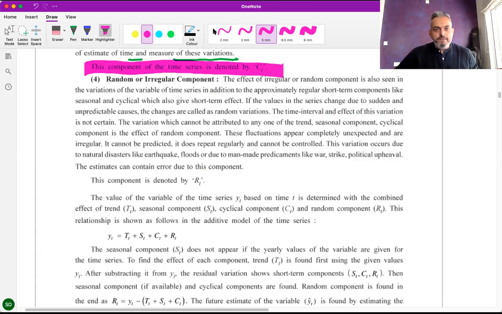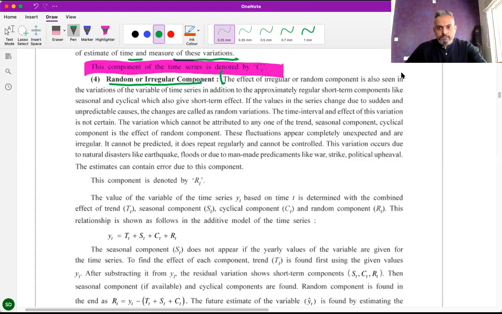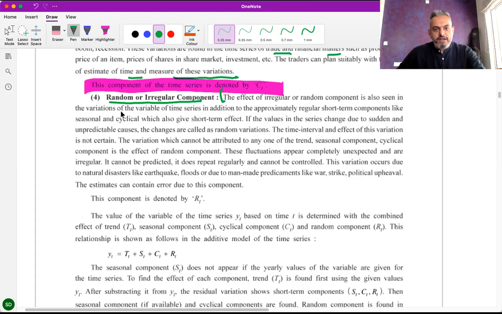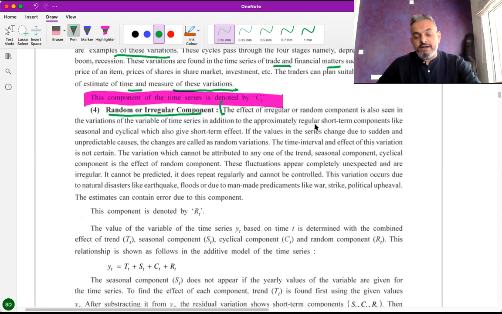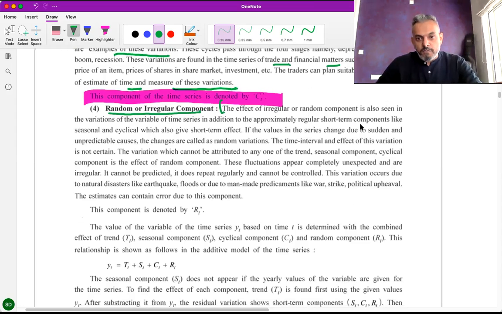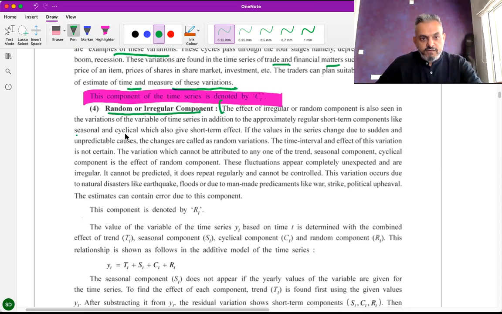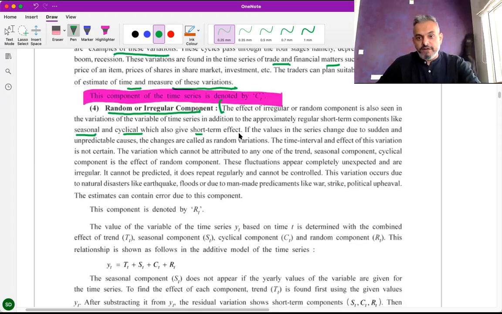Now, random or irregular component, the last one. The effect of the irregular or random component is also seen in the variation of the variable of time series, in addition to approximately regular short-term components like seasonal and cyclical, which also give short-term effect.